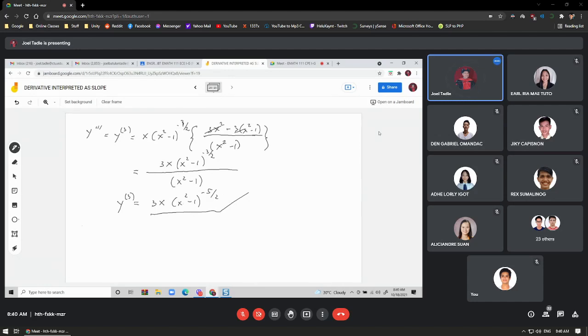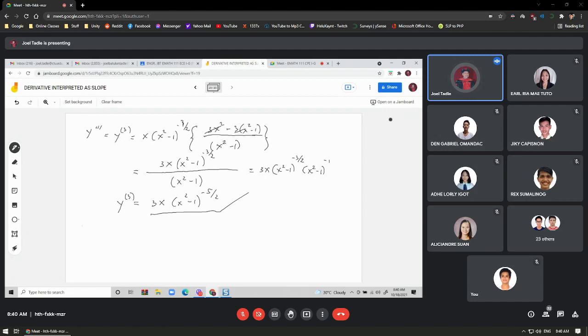Or, you can also move x squared minus 1 down, since the exponent is negative 1. If it is a product, with the same base, you can add exponents.